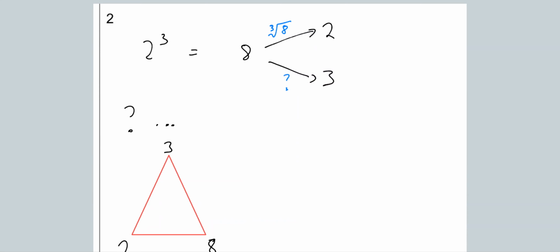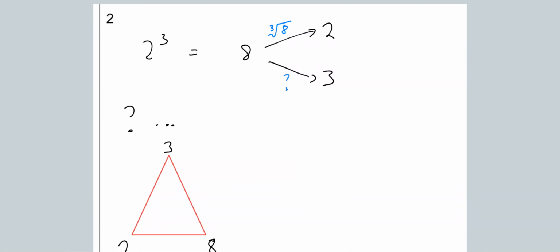So along this pathway here, the cube root operation only gets us as far as the base. But we don't yet have an operation that gets us as far as the power, the undoing operation.